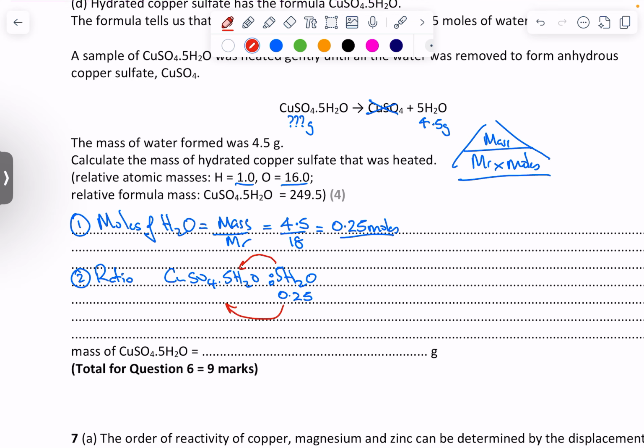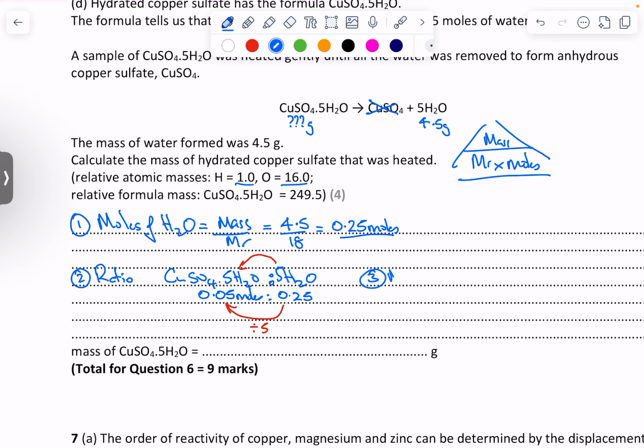So how to get from there to there? We divide that by 5. So if I divide that answer by 5, I'm getting an answer of 0.05 moles of the hydrated copper sulfate.